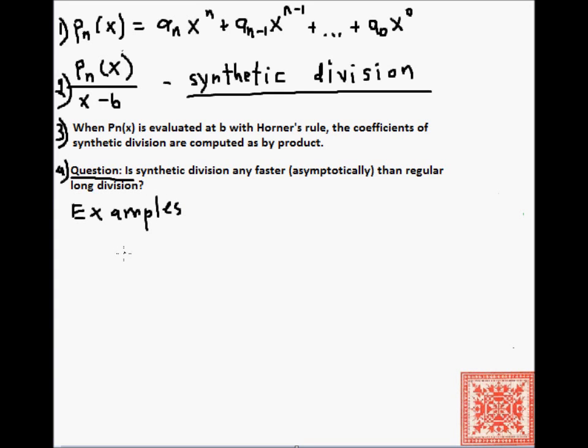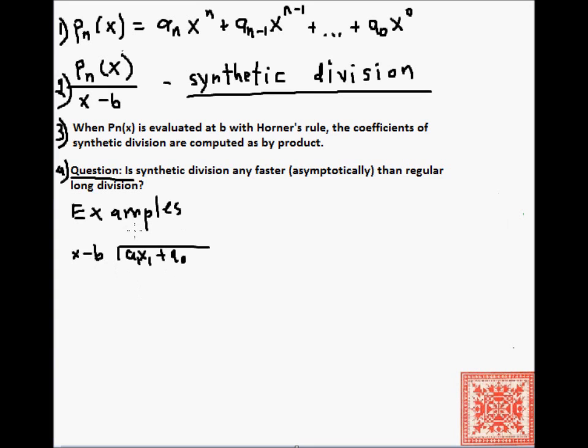So let's iterate through a couple of examples of long division. Let's say we have the first degree polynomial a1x plus a0, and we will divide that polynomial by the linear monomial x minus b.